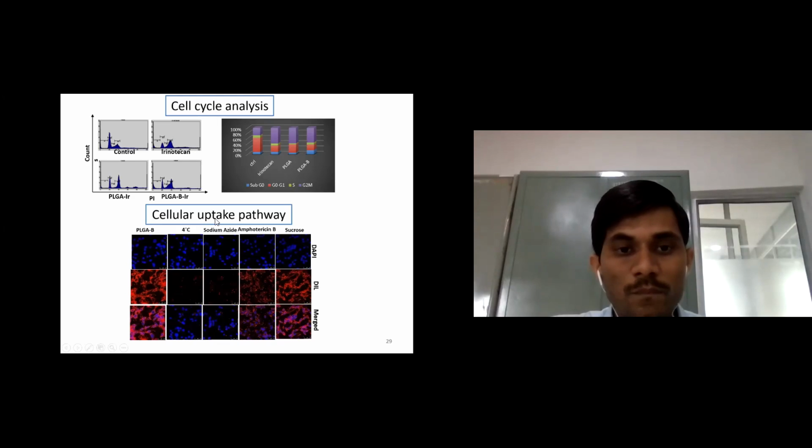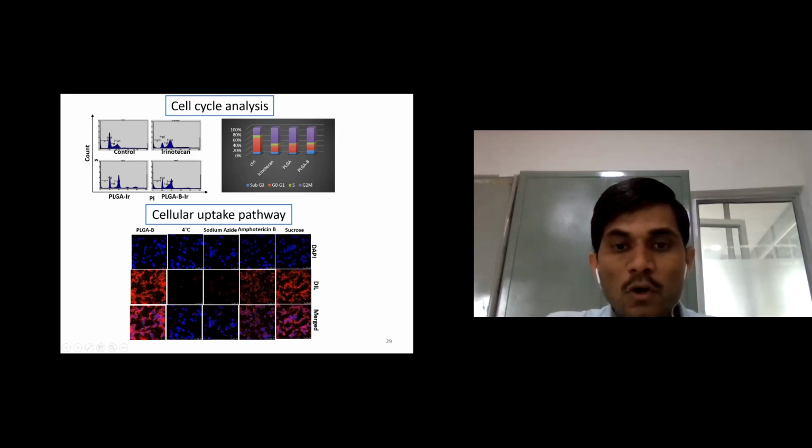Then we have to confirm by which pathway these nanoparticles are internalized into the cell. We have treated these CT26 cell lines with certain inhibitors at 4 degrees Celsius. At 4 degrees Celsius, most of the metabolic processes of the cells are stopped. Sodium azide is an inhibitor of active transport, and amphotericin inhibits movement and uptake.